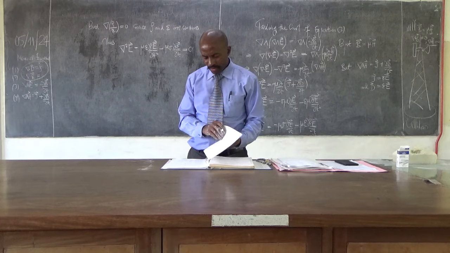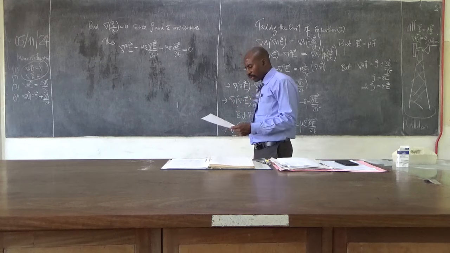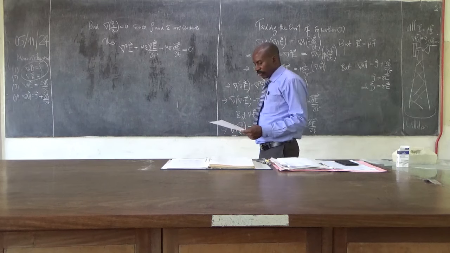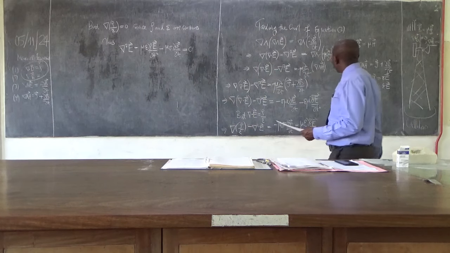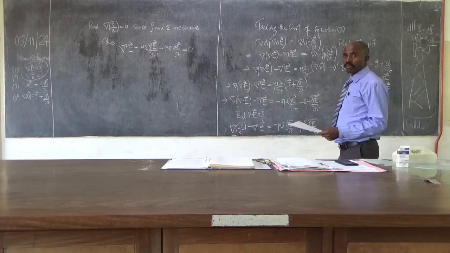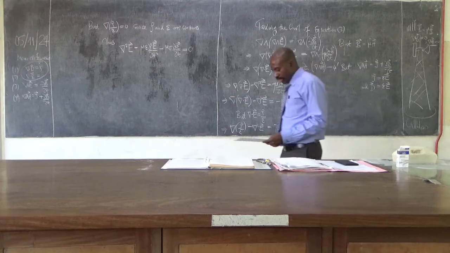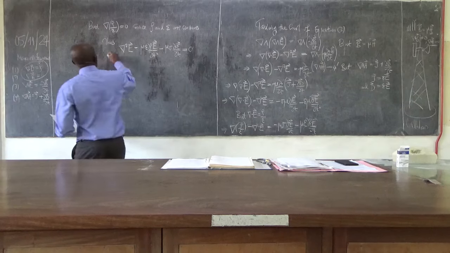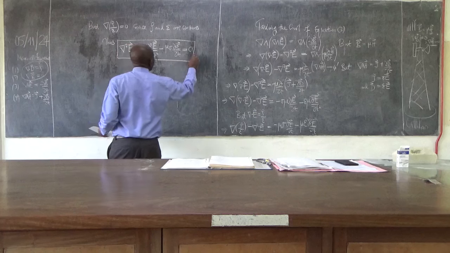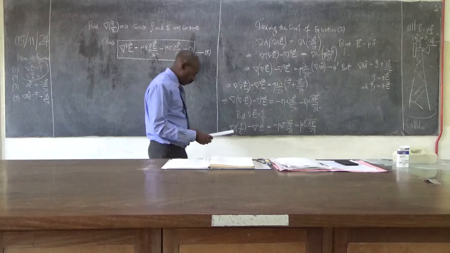The one where we took the curl of equation 3 is equation 4. If you take the curl until here, this will be equation 4 prime, because equation 4 is the fourth Maxwell's equation. And the equation we are getting here is equation 5 in the notes, just to make sure that you follow.